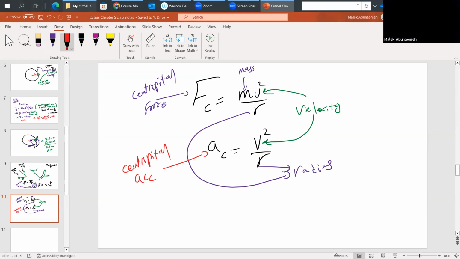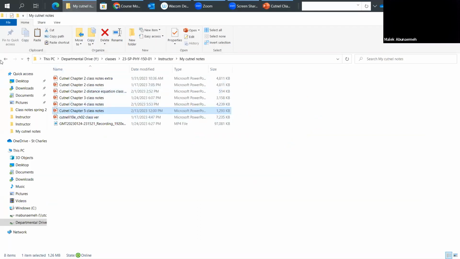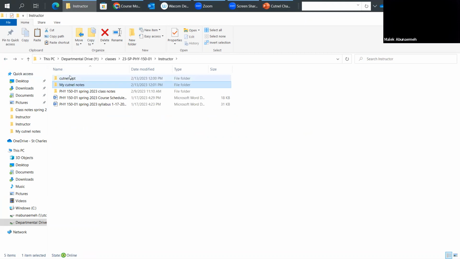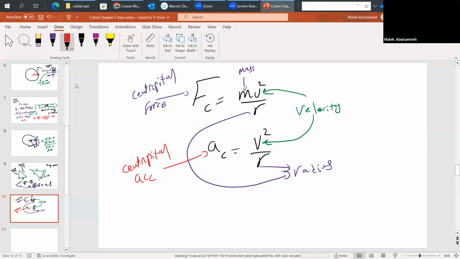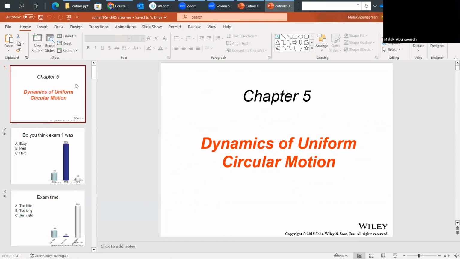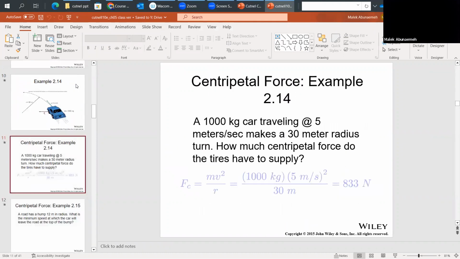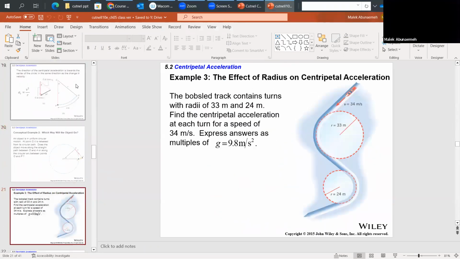So looking at a question, bobsled tracks contain turns with radius 33 and 24 meters. Find the centripetal acceleration for each turn at the speed of 34 meters per second in terms of multiples of g.